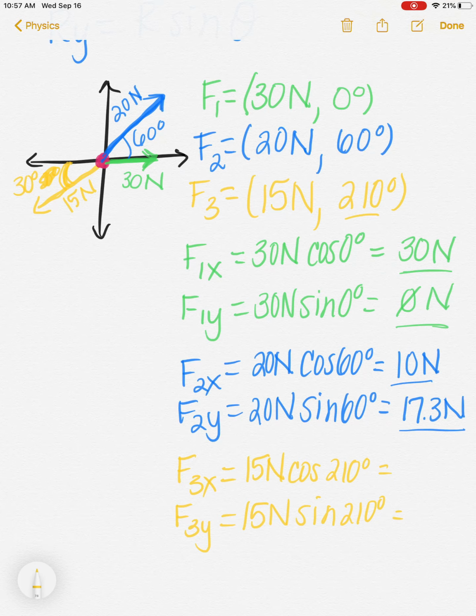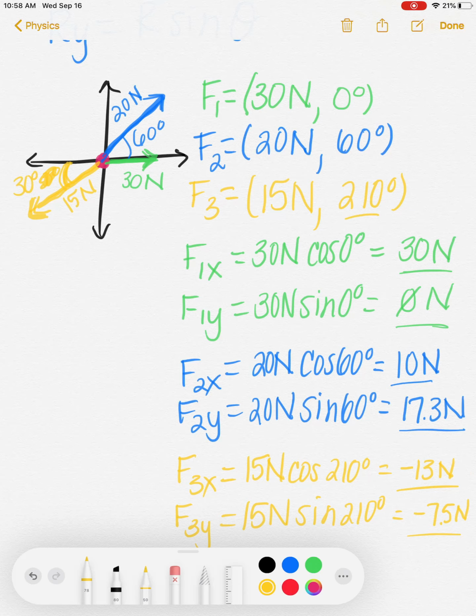All right, for the x component, when I plug that in, I get a negative 13 newtons. And for the y component, I get negative 7.5. Do those values make sense? Should I have a negative x and a negative y? Yes, I should, because I'm down here in the third quadrant, which is negative x and negative y.